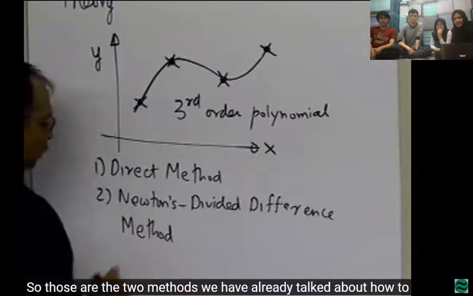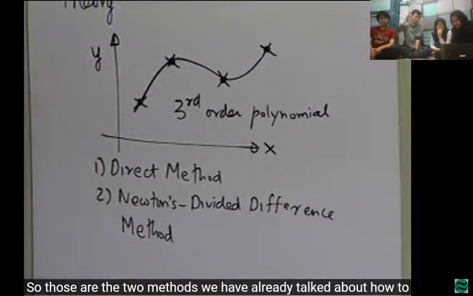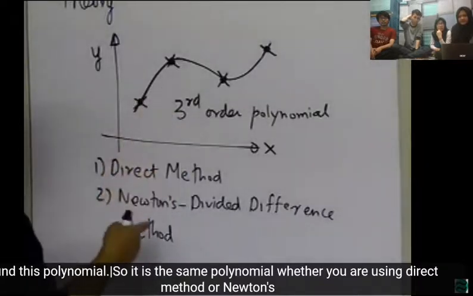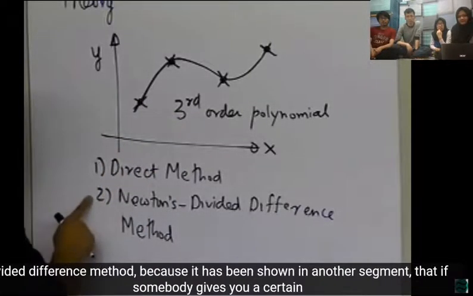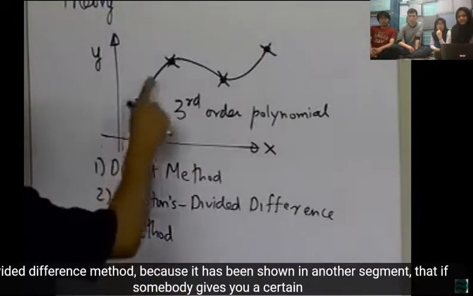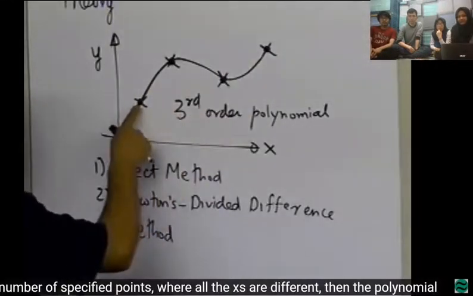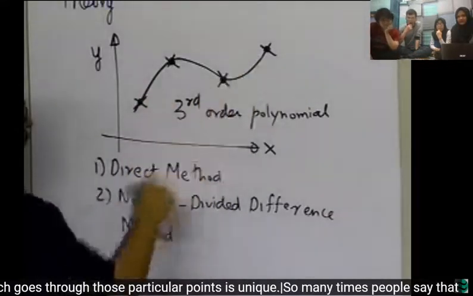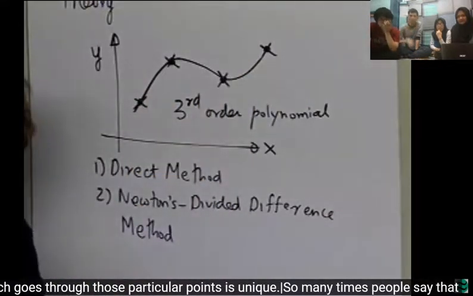So those are the two methods we have already talked about to find this polynomial. It is the same polynomial whether you are using the direct method or Newton's divided difference method, because it has been shown in another segment that if somebody gives you a certain number of specified points where all the x's are different, then the polynomial which goes through those particular points is unique.